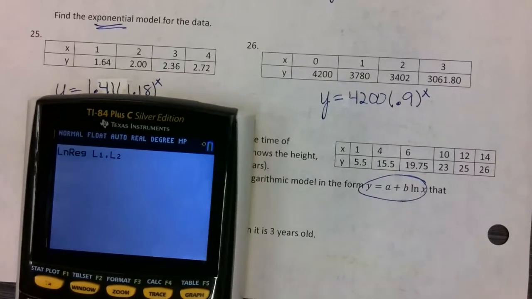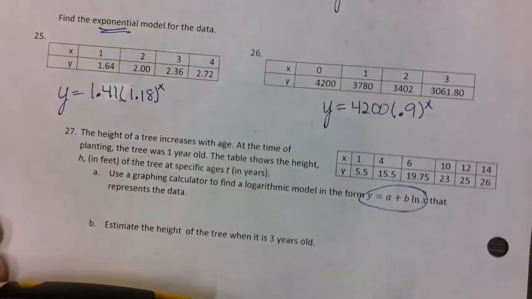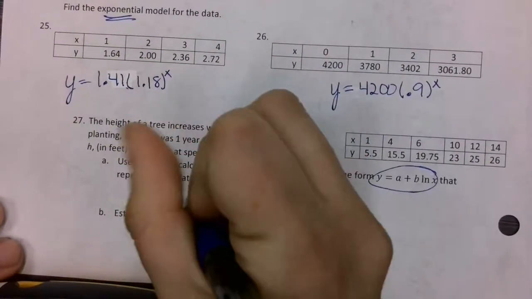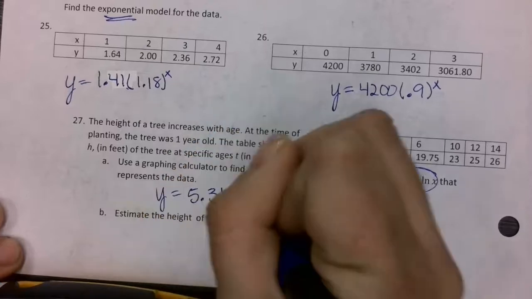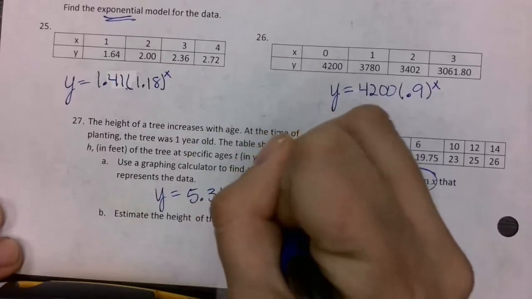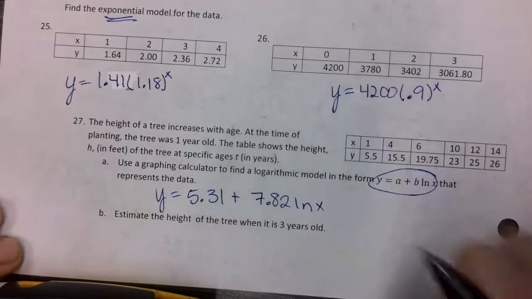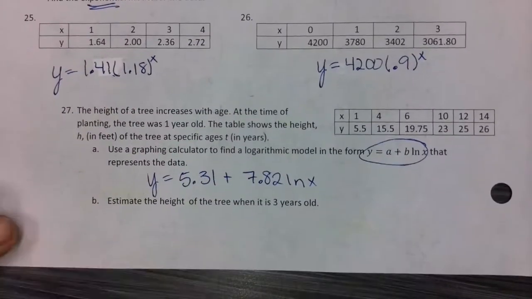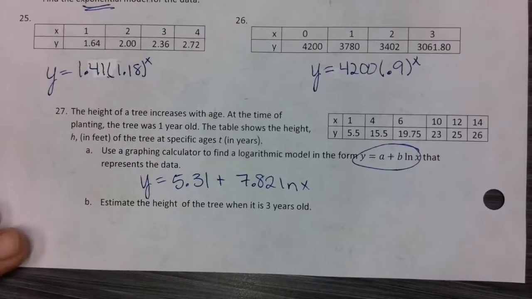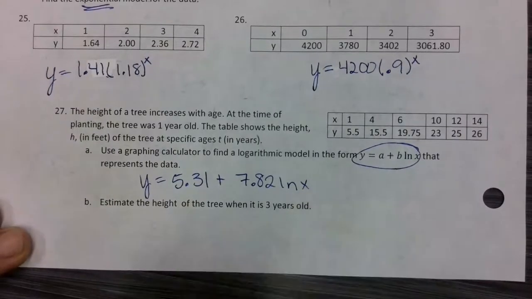I calculate. I'm going to round to 2 decimal places, so I have y equals 5.31 plus 7.82 ln x. B wants me to estimate the height of the tree when it's 3 years old, so I am going to plug in 3 for x.